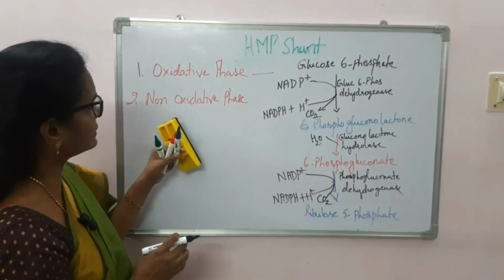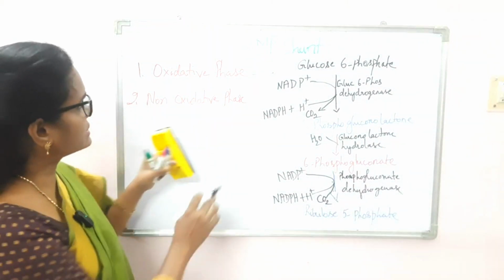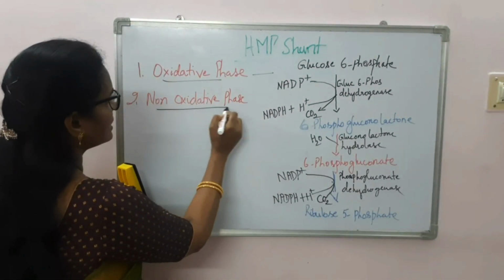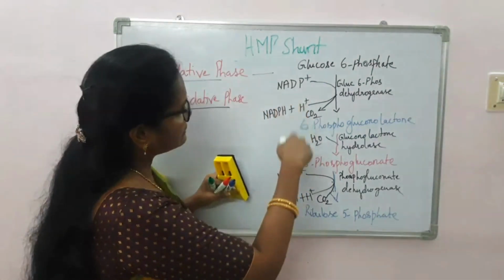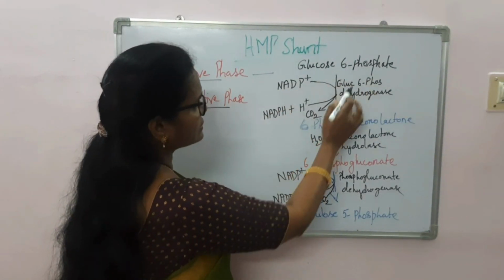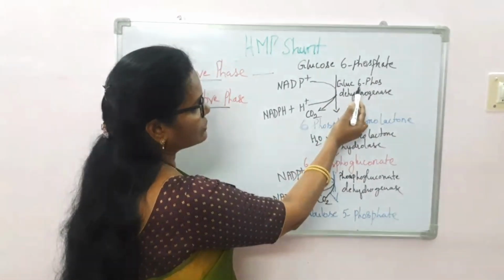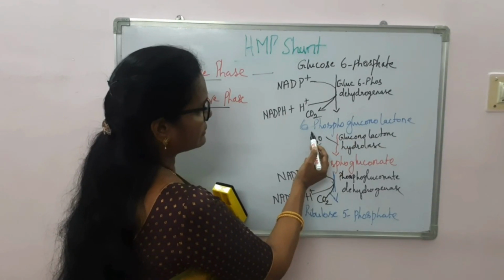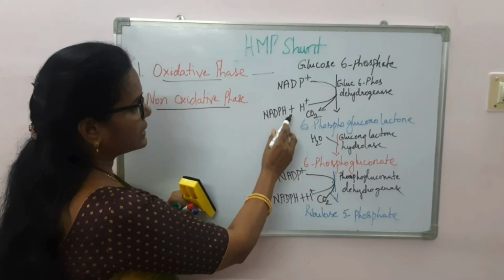So HMP Shunt is also known as Hexose monophosphate pathway or Pentose phosphate pathway. The reactions are divided into two phases, oxidative phase and non-oxidative phase. This takes place in cytoplasm, and we have seen just now the oxidative phase. Again, glucose 6-phosphate undergoes oxidative decarboxylation with the help of glucose 6-phosphate dehydrogenase and forms 6-phosphoglucanolactone, with the generation of NADPH.